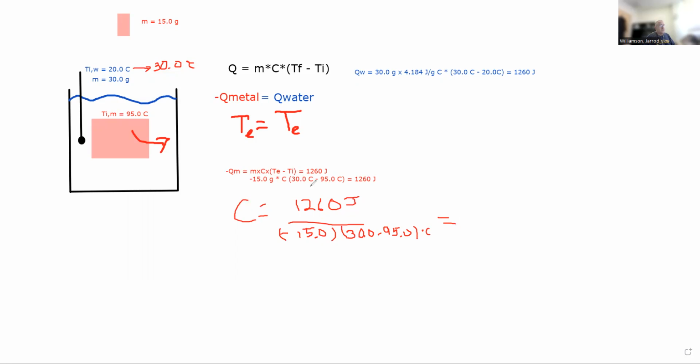Why is it 30 minus 95? Because it's the final or equilibrium temperature minus the initial temperature. The initial temperature of the metal, remember, you heated it up before you dropped it in. So it started at 95. The initial temperature was high, and then it cooled off. The final temperature, the equilibrium temperature, was, in my pretend example, 30.